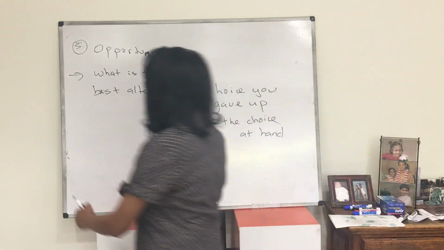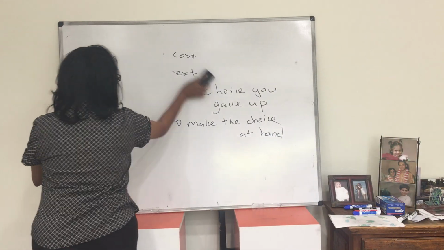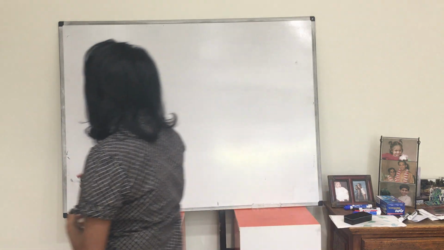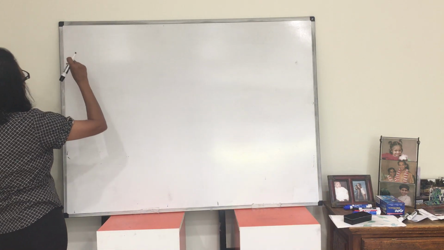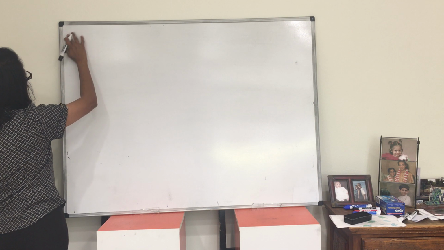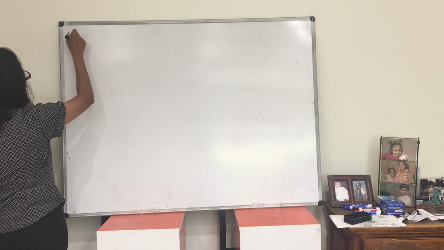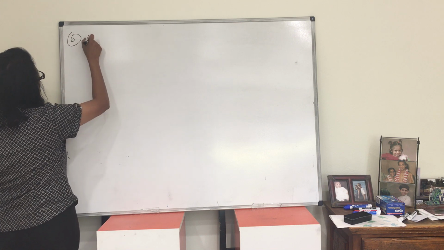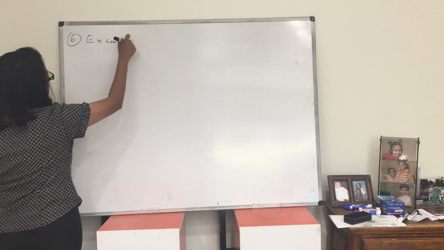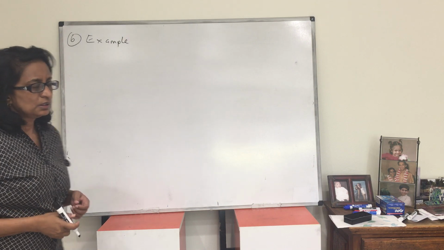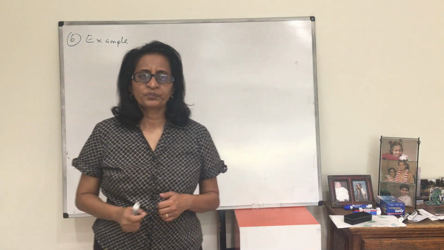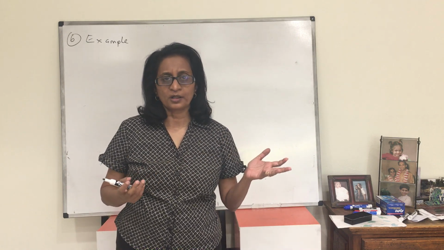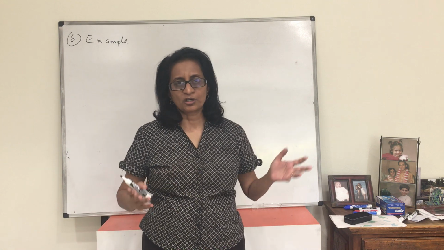Okay? So let's say we have an example. We're going to do an example where you have an economy making, we're going to do it with two products because we want to draw a graph.